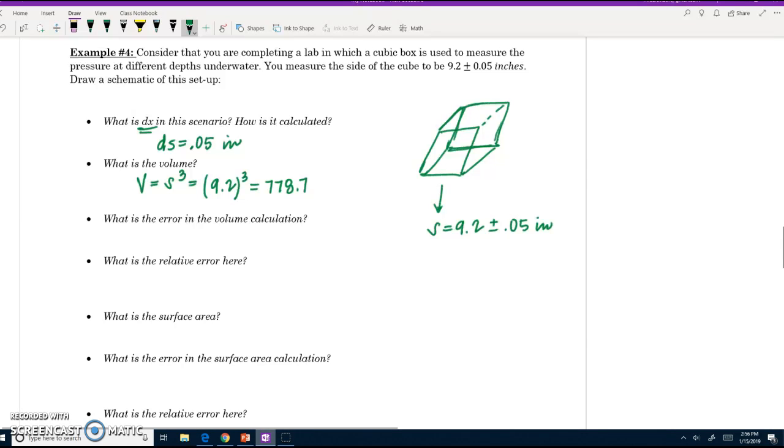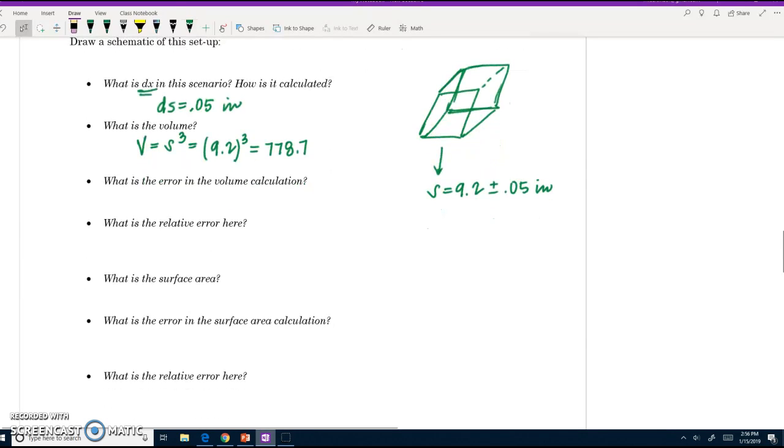The error in the volume calculation, I can call dV, and I find that by taking the derivative of the volume, so s cubed becomes 3s squared, and I multiply that by ds. That means I can take 3 times 9.2 squared, and multiply it by the error, which is 0.05.